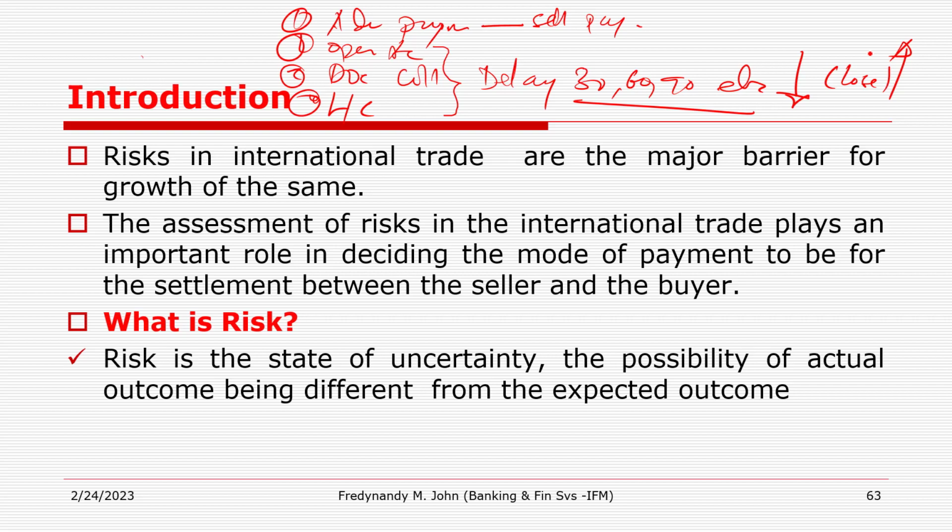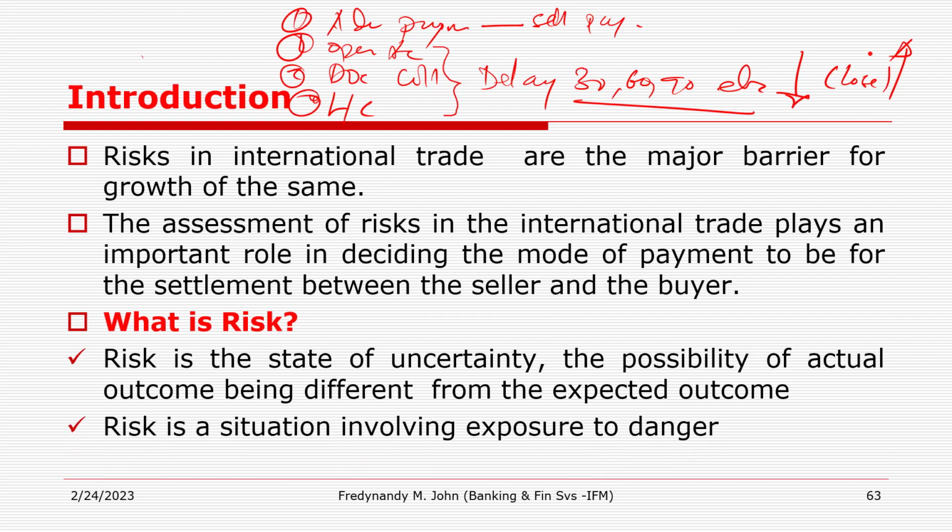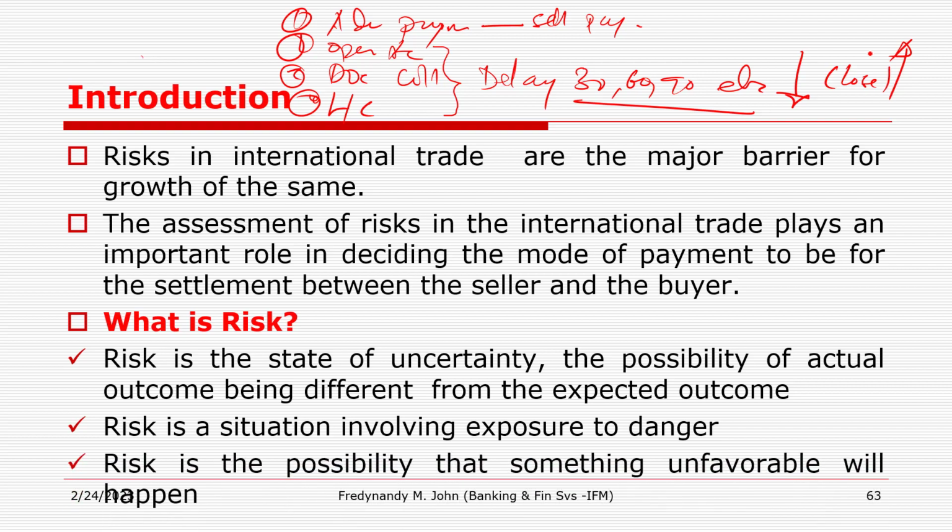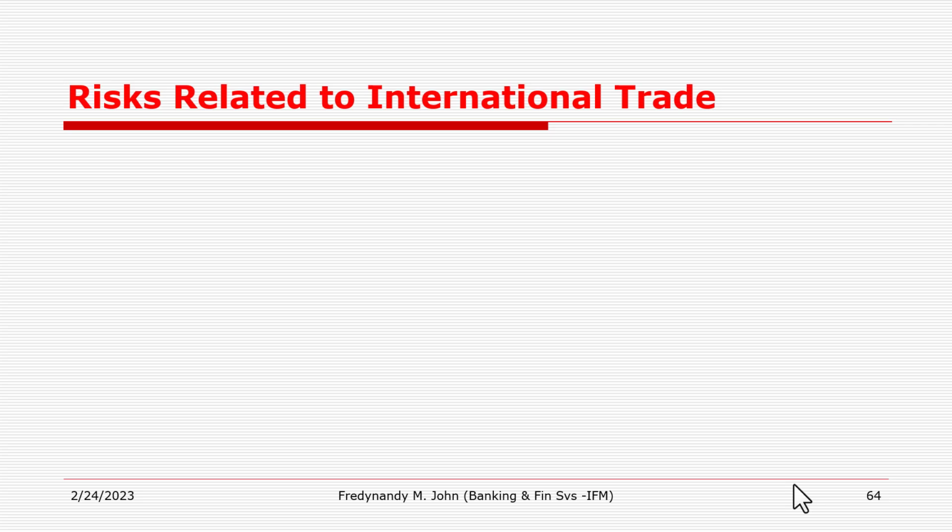You expect to receive A, you end up receiving B. You expect to receive B, you end up receiving C. That is what we call risk. Risk is a situation that involves an exposure to some danger. The possibility that something will go wrong, something will not be in your favor, and therefore you end up losing. Now, what are the risks that we expect to face in international trade? As an exporter, the first risk you should expect is the payment risk.